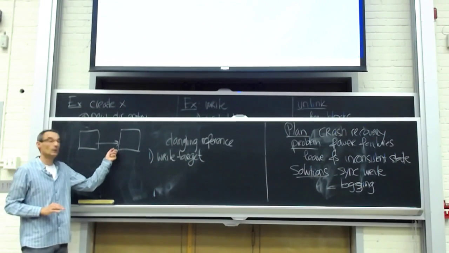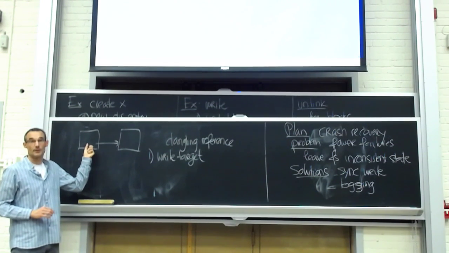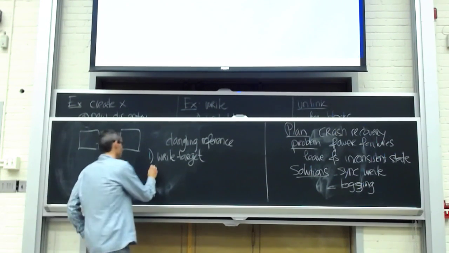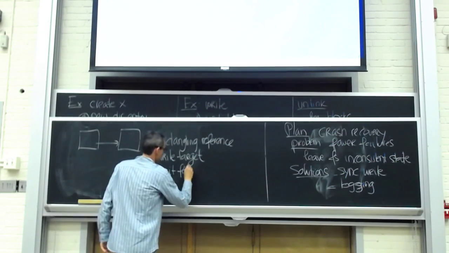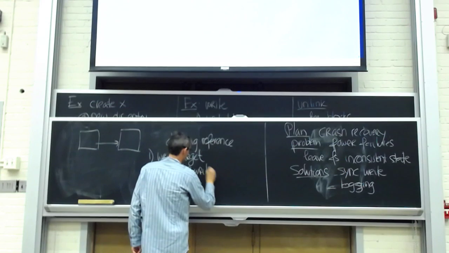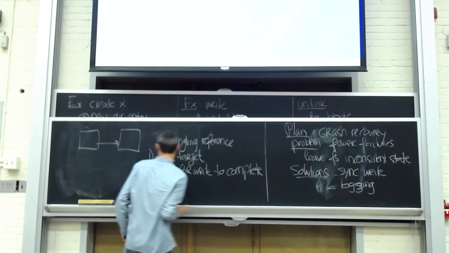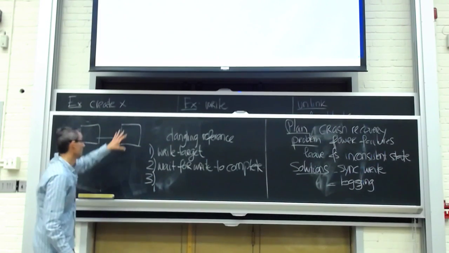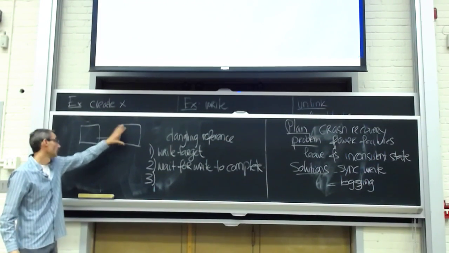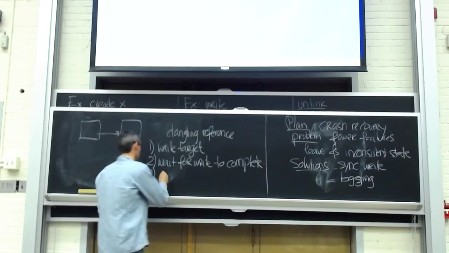If we start the write, we really have to wait until that write completes before we create the reference. So step two has to be wait for write complete. And then step three, once the target is actually on disk, it's perfectly fine for us to create the reference. So step three is create the reference.